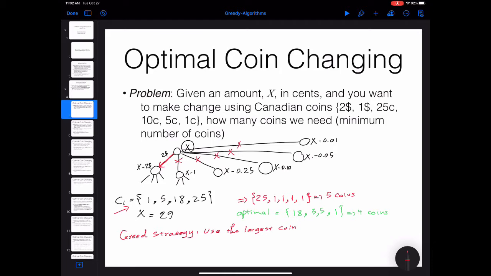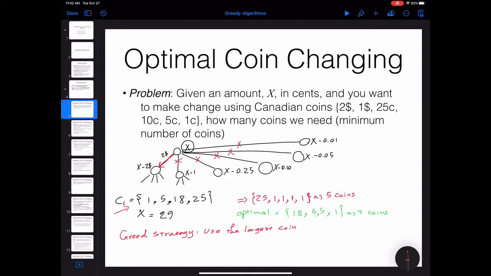So it makes greedy algorithms very tricky, where I can find a greedy algorithm, where I cannot find a greedy algorithm. The point is that you can have different greedy strategies, and if you want to prove a greedy strategy doesn't work, it's enough to just find a counterexample.